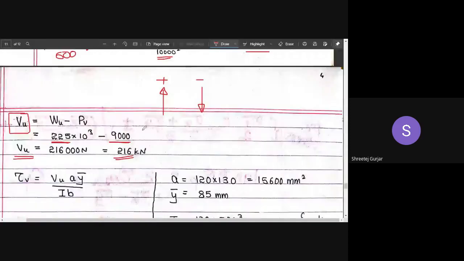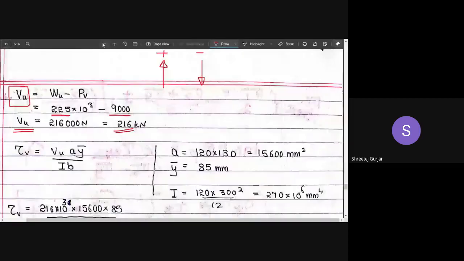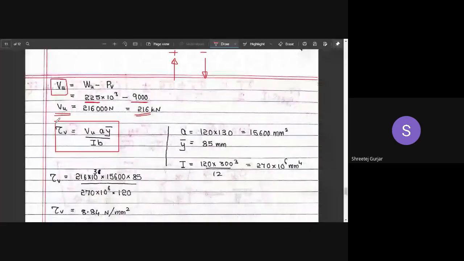Now we have to substitute this in the equation of shear stress, tau V. We cannot apply the general formula 1.5 for a rectangular section, because this formula gives us the shear stress at the neutral axis, where the shear stress is maximum.